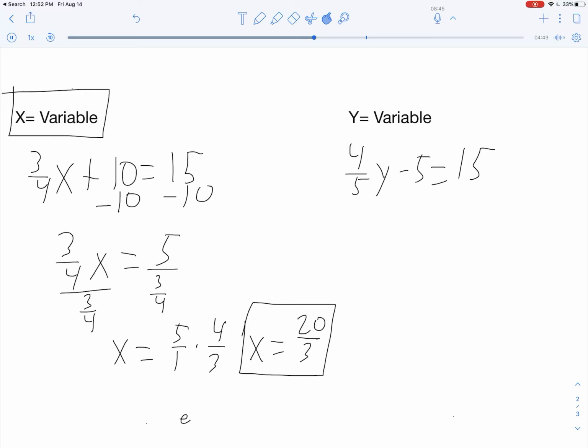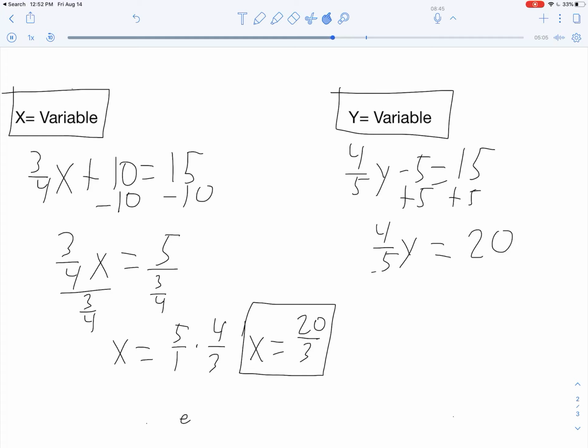Okay, let's move to our next question. Now we have y is our variable. So we have 4/5 y minus 5 is equal to 15. So the first thing we want to do is get y by itself, move 5 to the other side. Plus 5, 4 fifths y is equal to 20. Now we divide both sides by 4 over 5.